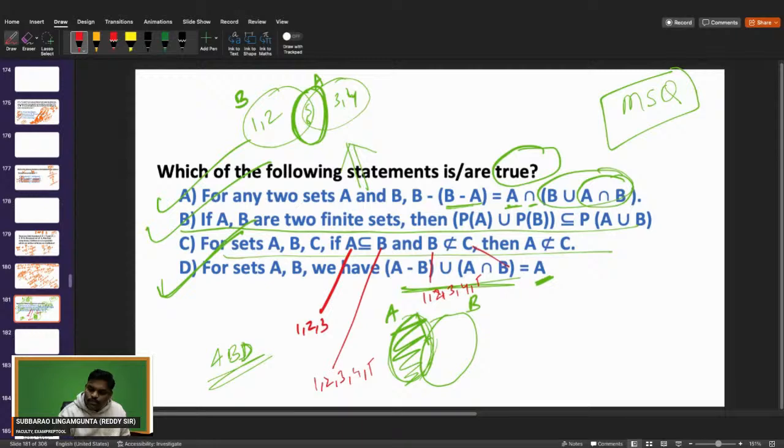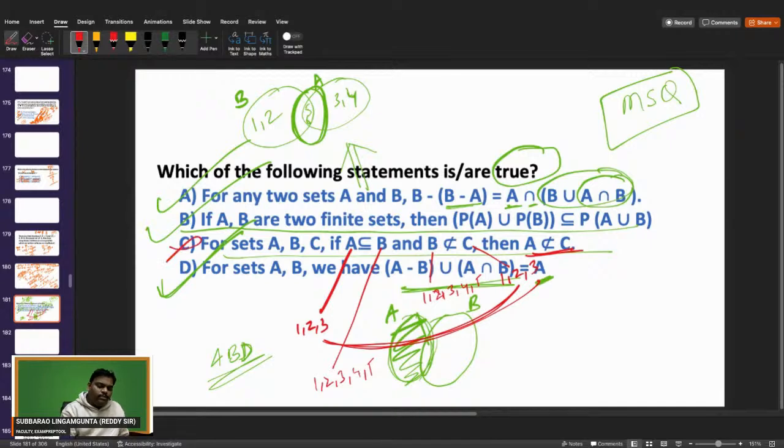C is going to be 1, 2, 3. So B is not a subset of C. But he's saying A is not a subset of C. See, there may be a chance of A being a subset of C also. That is the reason C will be wrong.